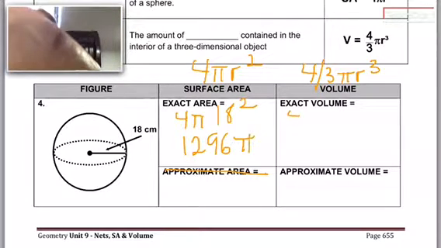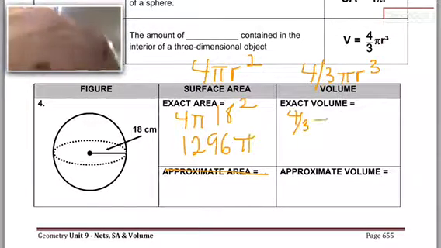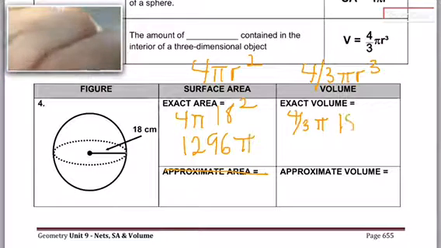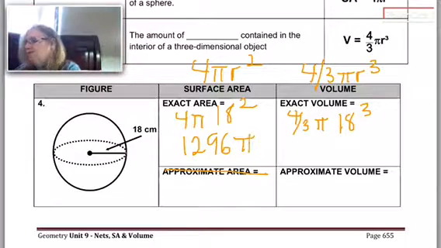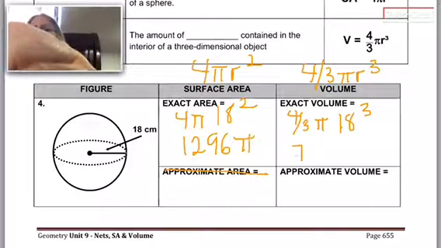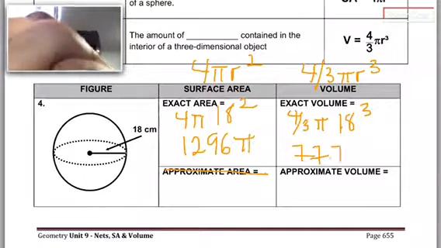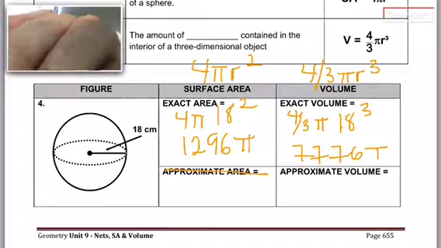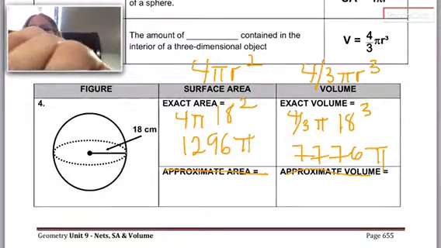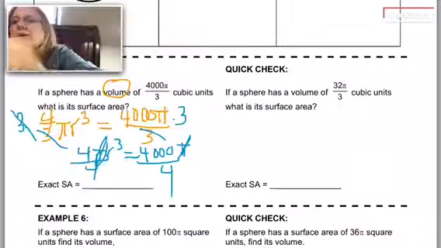And now this is 4/3 pi and then 18 cubed. So 18 to the power of 3 times 4/3. And that is 7,776 pi. And again, don't worry about the approximate.